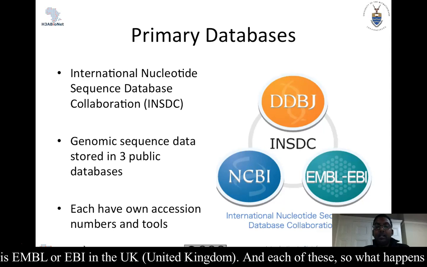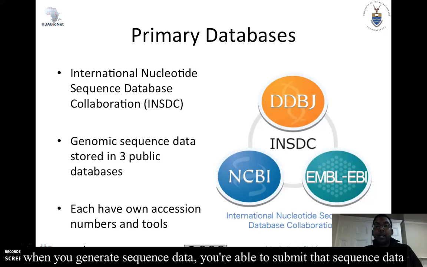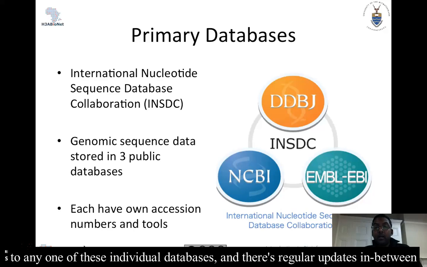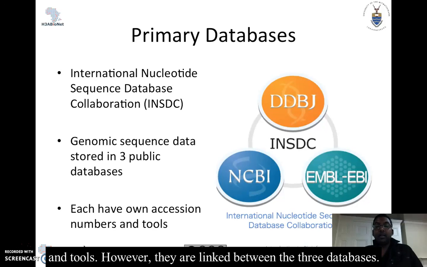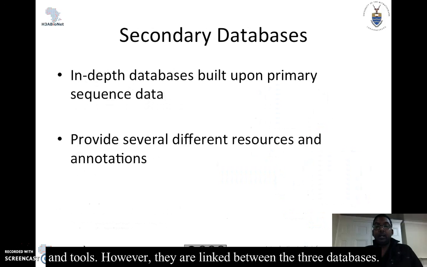And when you generate sequence data, you're able to submit that sequence data to any one of these individual databases, and there's regular updating between them. So each have their own accession numbers and tools, however, they are linked between the 3 databases.